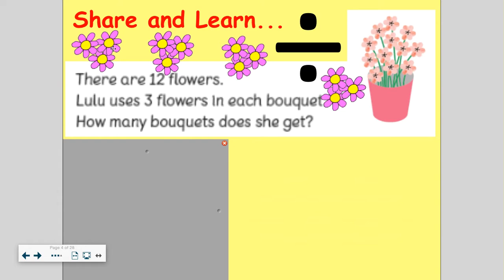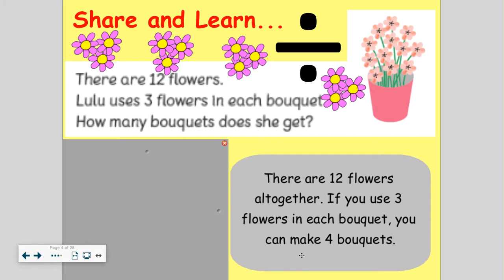How many bouquets have I made? That's right, I've made 4 bouquets altogether. So Lulu must get 4 bouquets. We can see there are 12 flowers altogether.